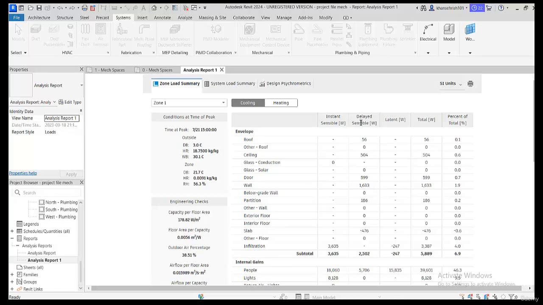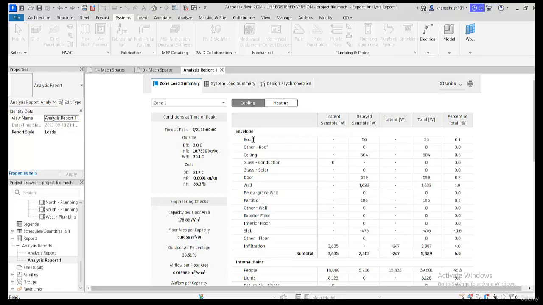Delayed sensible means the radiation comes from outside, like when the sun's radiation falls on the external wall, it takes some time to transfer from the external wall to the internal spaces. So this is a delayed load. Similarly, we have latent load, and the total load is the sum of instant, delayed and latent load.